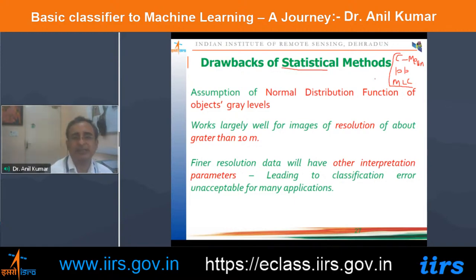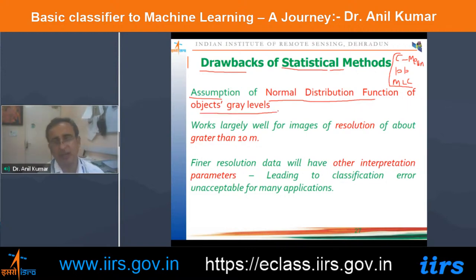So they were statistical methods, and if you study these algorithms from the literature, you will find some limitations or drawbacks. For MLC, it follows an assumption of normal distribution function of objects' gray levels. They were pixel-based algorithms. They use the pixel information, no other information.